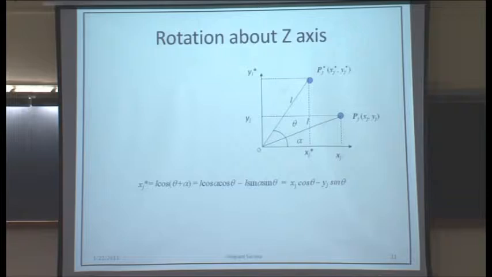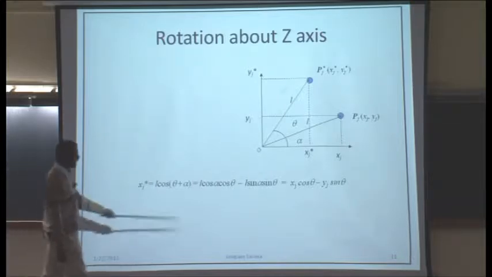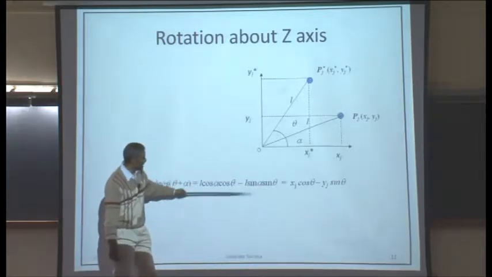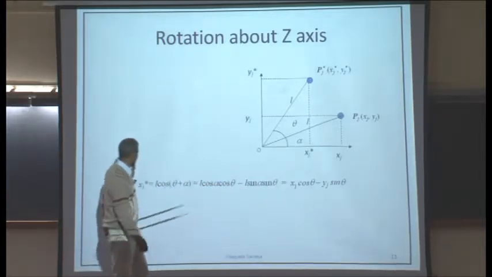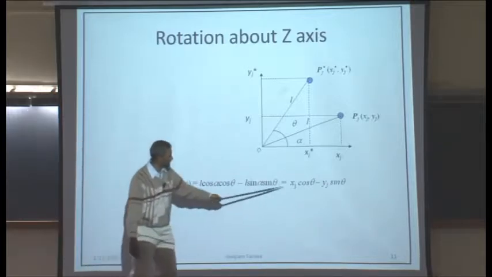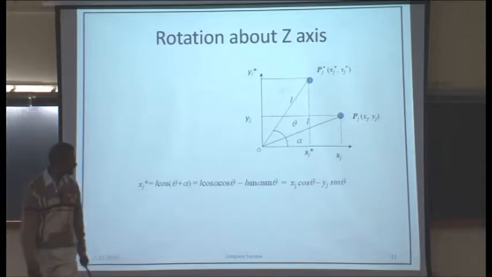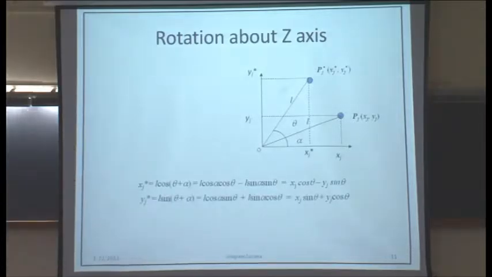Xj star is L times cosine of theta plus alpha, which, if you expand, is L cosine of alpha cosine of theta minus L sine of alpha sine of theta. L cosine of alpha is xj, L sine of alpha is yj. So xj star is xj cosine of theta minus yj sine of theta. Likewise, you can find yj star as L times sine of theta plus alpha, that is xj sine of theta plus yj cosine of theta.